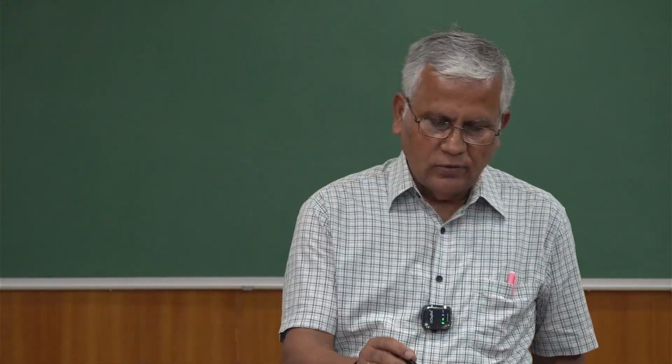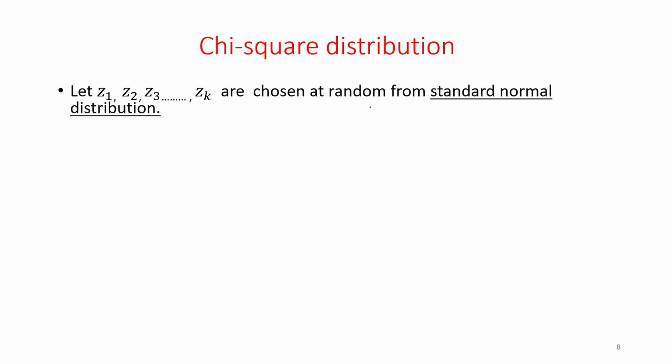Let Z1, Z2, Z3, up to Zk be chosen at random from the standard normal distribution. So the standard normal distribution, you know that the variable Z follows the standard normal distribution with mean equal to 0 and standard deviation equal to 1.